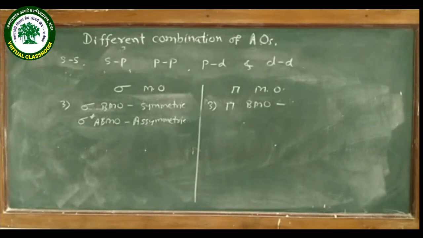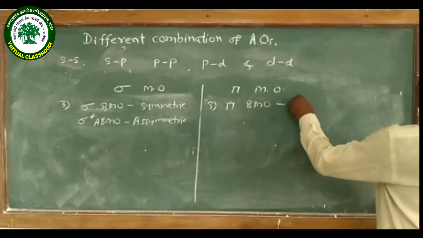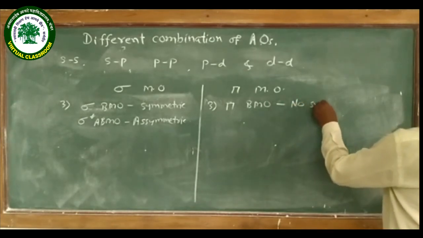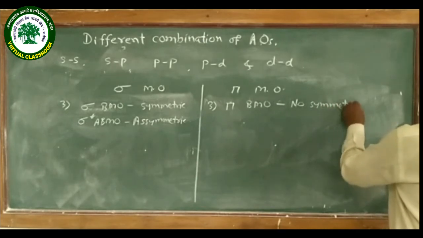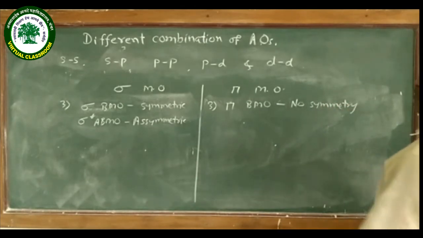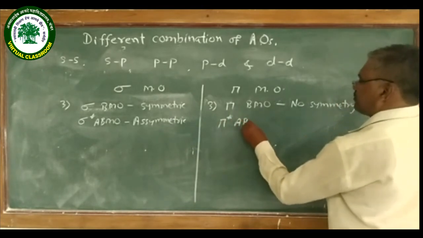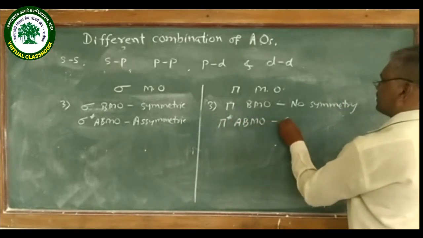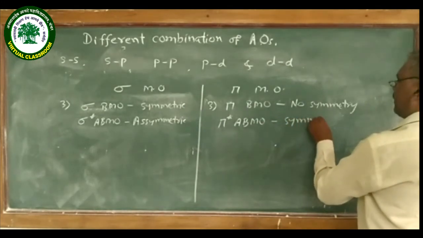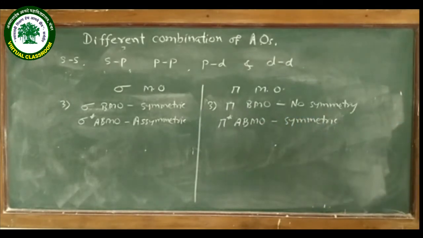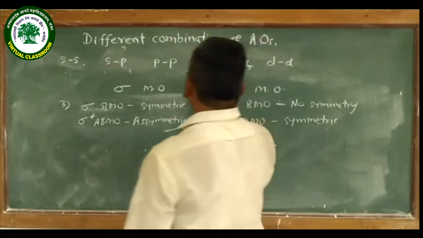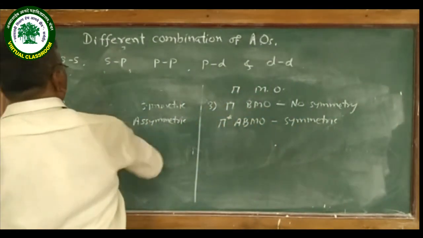They have no symmetry about the internuclear axis, while pi star antibonding molecular orbitals are symmetric about the internuclear axis. So these are the points of differences between sigma molecular orbital and pi molecular orbital.